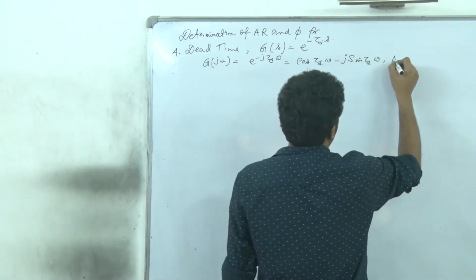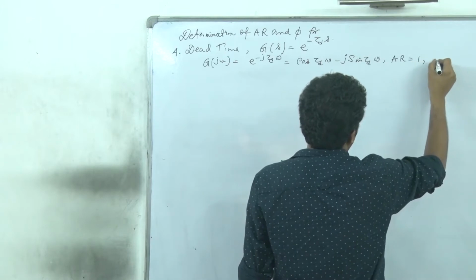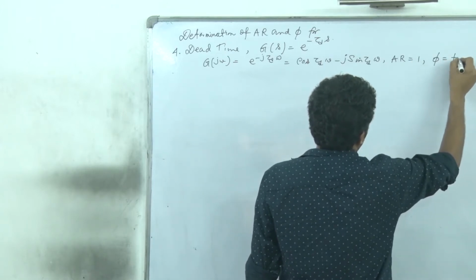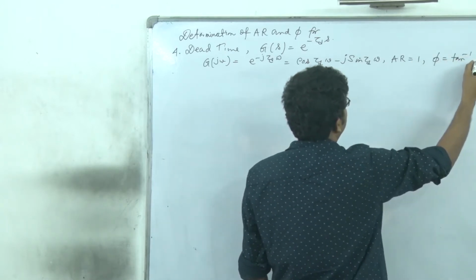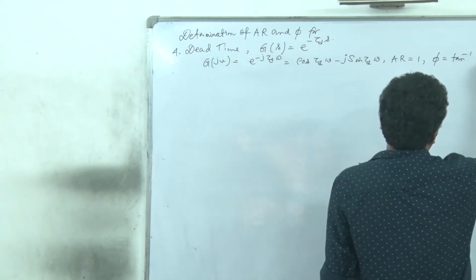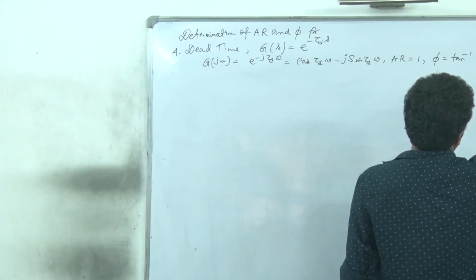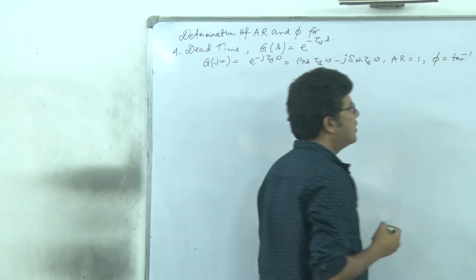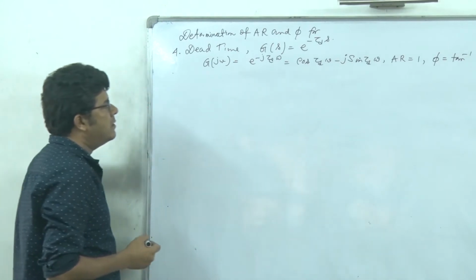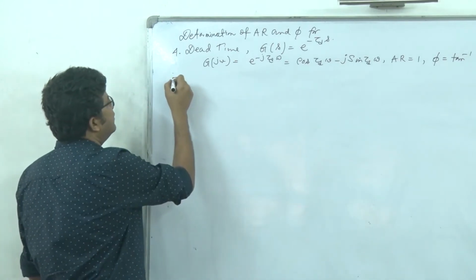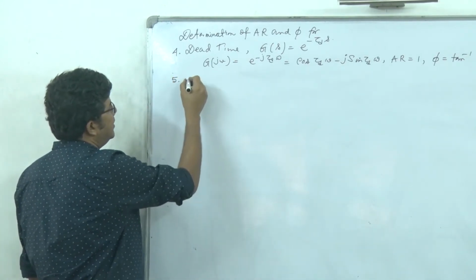Necessarily the amplitude ratio will be equal to 1 and the phase shift is equal to tan inverse of tan of minus tau d omega. So it gives directly minus tau d omega itself for phi.